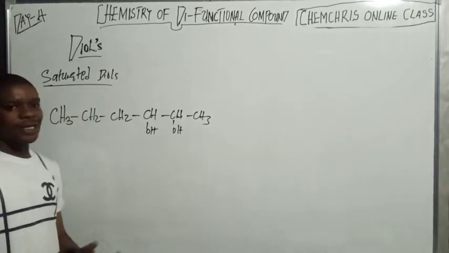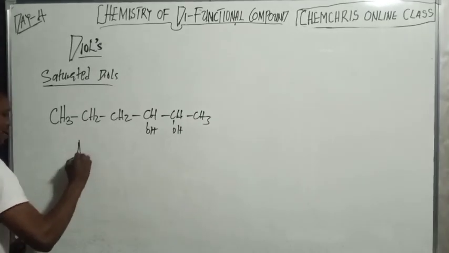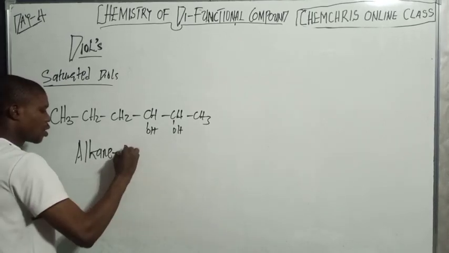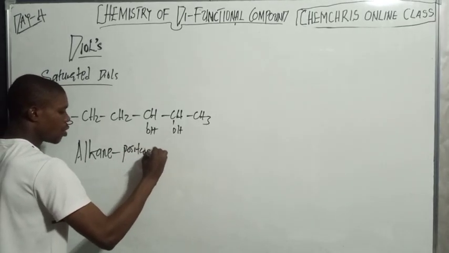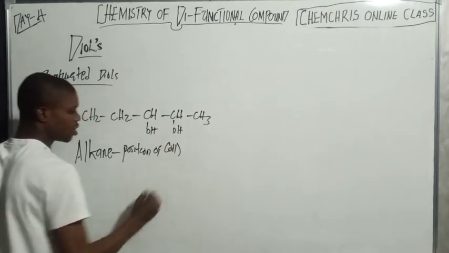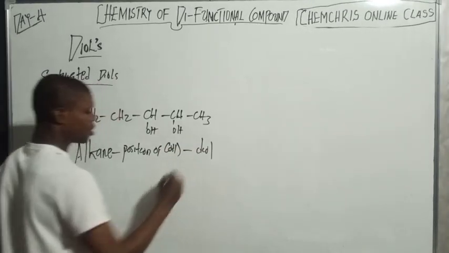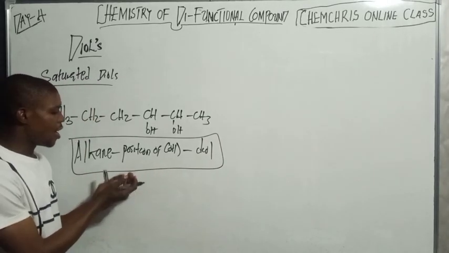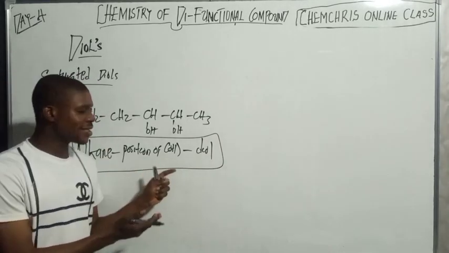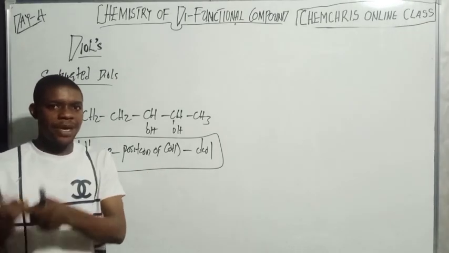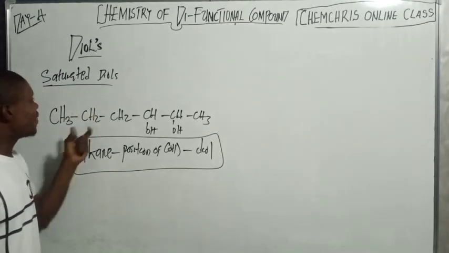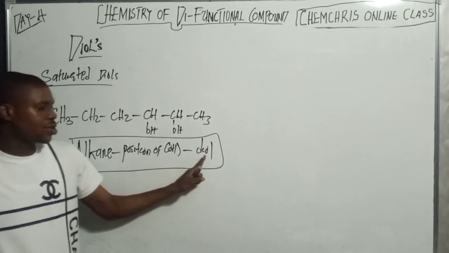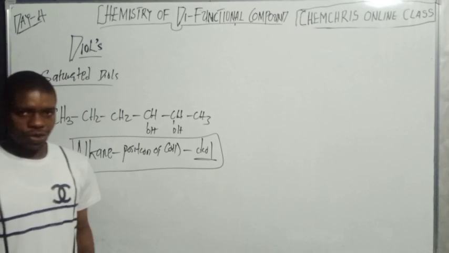Because it's saturated, we use the alkane name, then the positions of the OH, then the word diol. This is just a pattern by which you can name a diol: the alkane, the position of the OH, then the word diol.